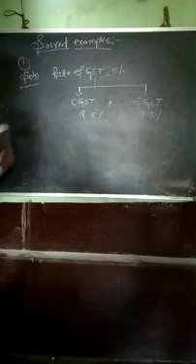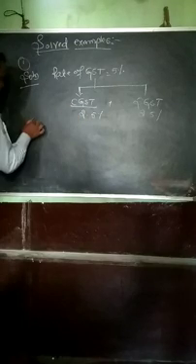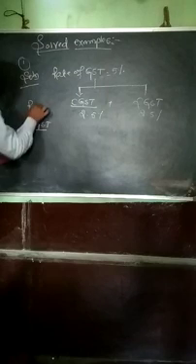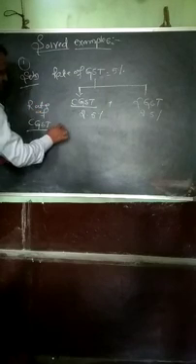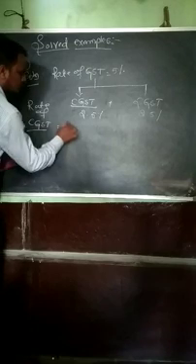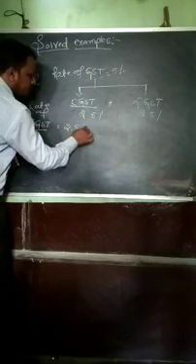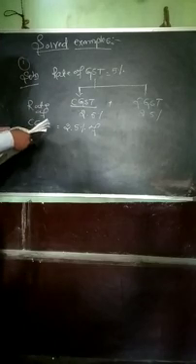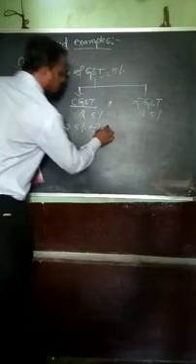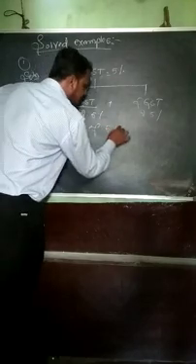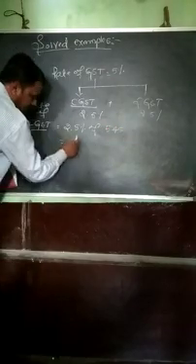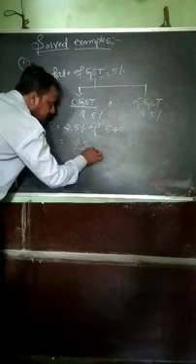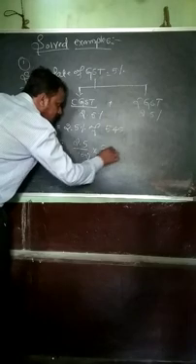To find out the central GST, the rate of central GST is equal to 2.5% of the given rate of rupees 545. See here, 2.5 means 2.5 divided by 100, of means multiplied by 545.